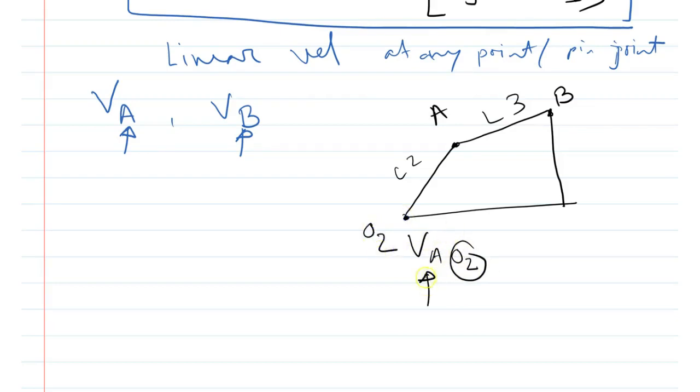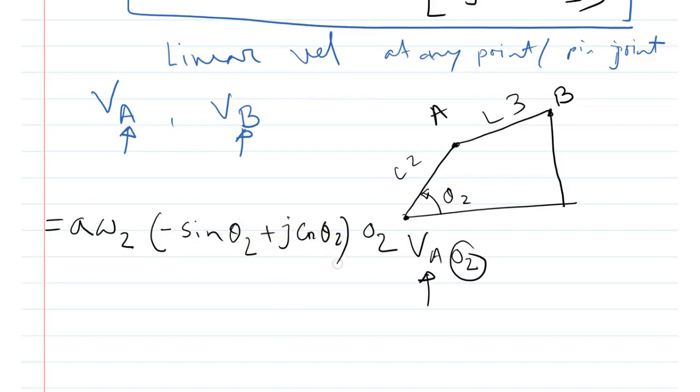That means you're asked to find linear velocity of pin joint A, which is relevant to link 2. So the equation for VA will be the length of this link, which is A, the angular velocity of that link, which is omega 2, and then negative sine theta 2 plus j cos theta 2, where theta 2 is the angle relevant to link 2.